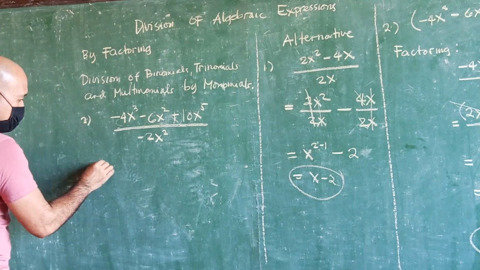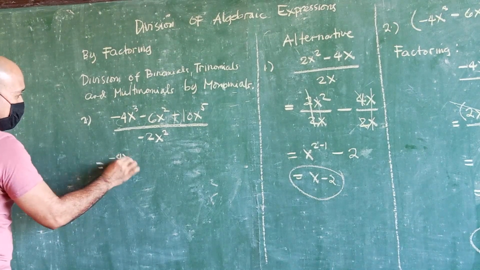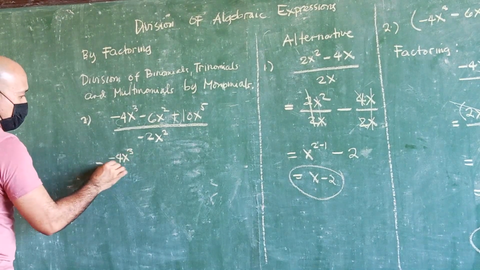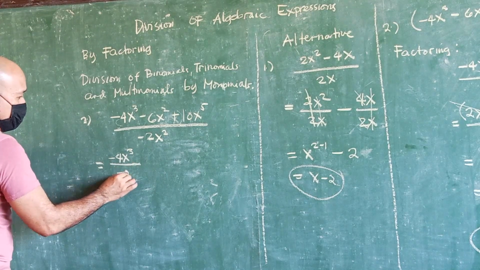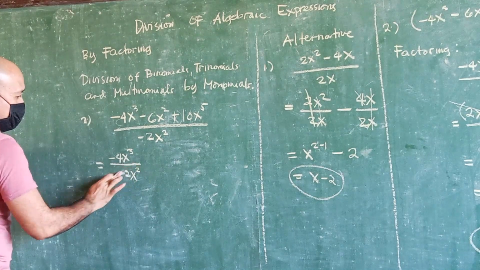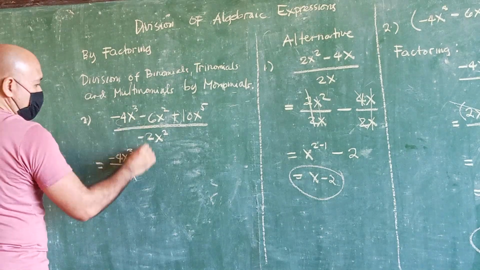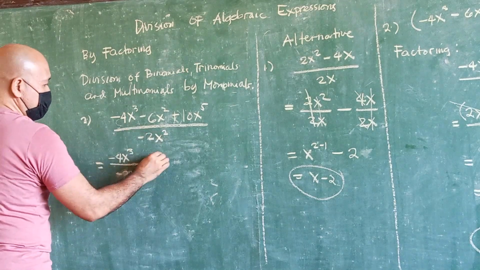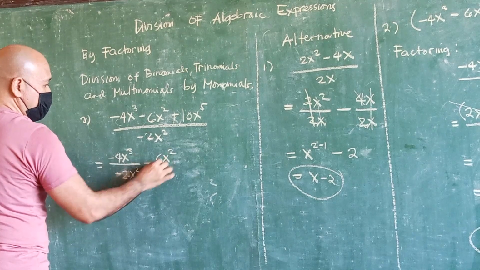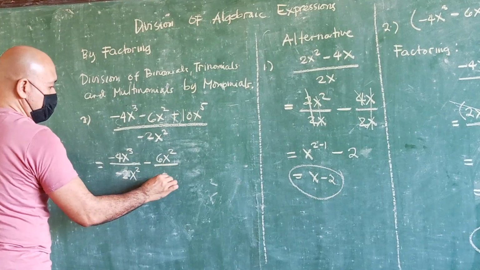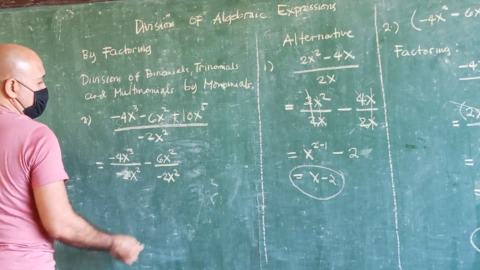So that becomes negative 4x cubed over negative 2x squared. And the operation is minus. That is 6x squared over negative 2x squared.